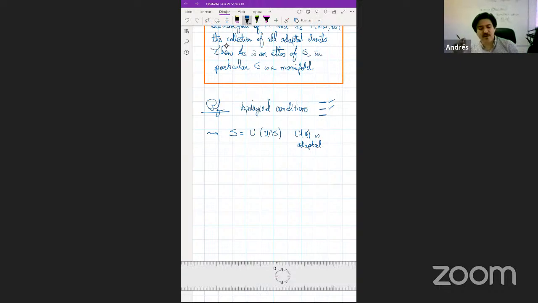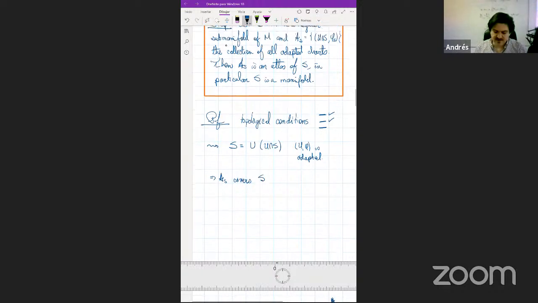So at every point on S, you have a chart like this. So there's no problem showing this. So this collection covers. What else?